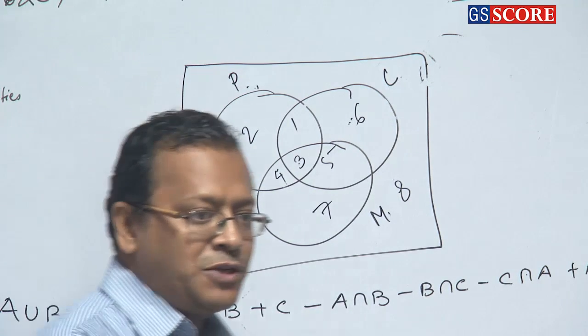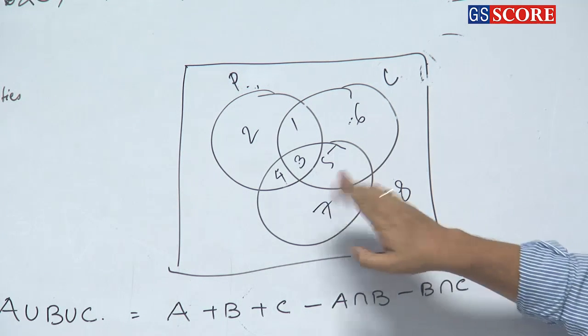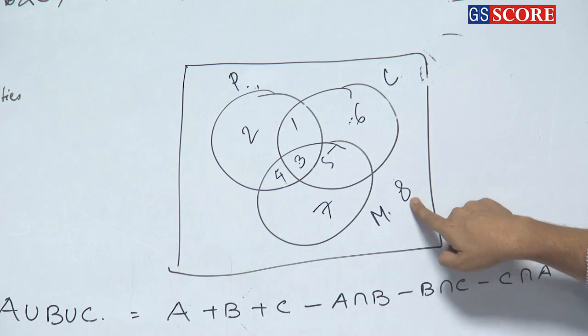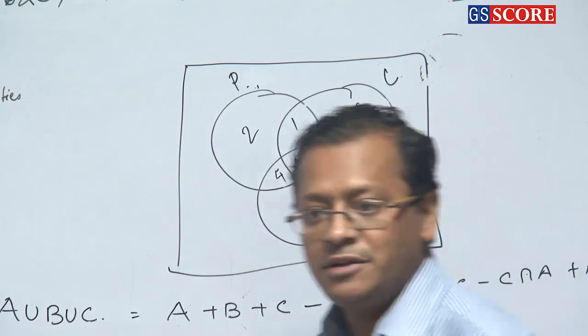When I say how many students pass in at most one subject, it means in your pocket you have got at most 1 rupee, that is, at minimum the pocket is empty or 1 rupee. At most 1 subject means either 0 subject or 1 subject. 0 subject means fail. So failed students are 8, 8 plus 6 is 14 plus 7 is 21 plus 2 is 23.